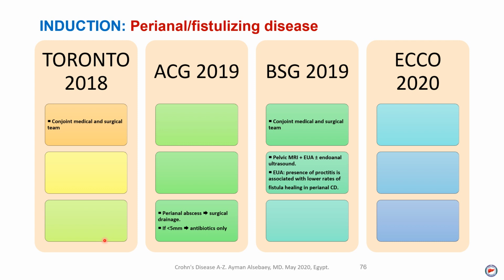The first thing, if it is simple and no discharge, no treatment. If it is simple and has discharge, look for the rectum. Severe rectal inflammation, treat it as if it is a complex fistula. No rectal inflammation, just place a seton.